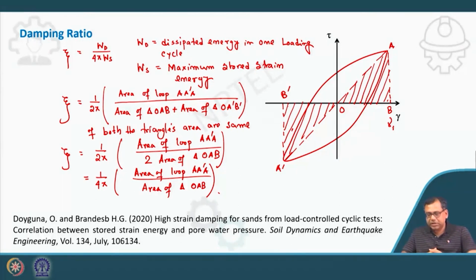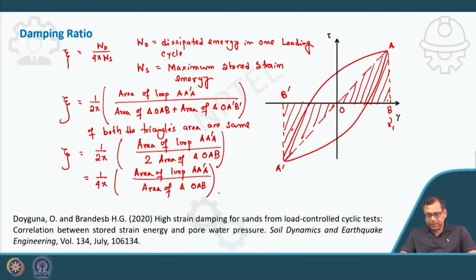This equation is valid if it is a closed loop and if both these triangles are the same. But there may be a situation where these loops may not be closed; this can be an open loop, and the areas of these triangles may not be the same.